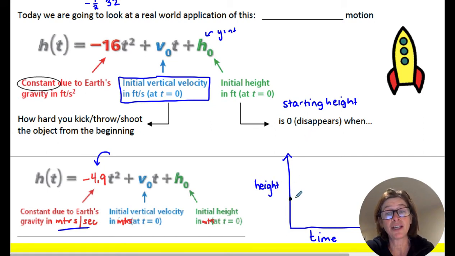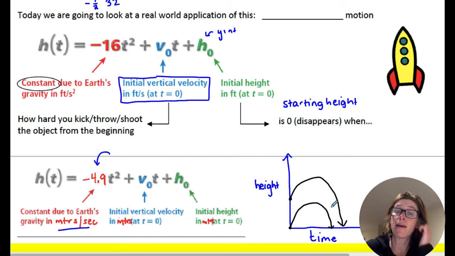So typically, you might have this. You might actually have a height starting on the ground, and so it could look like that. But this point, that vertex, is still going to be the maximum height. And typically right here is going to be when or after how long the object was in the air or when it hits the ground.